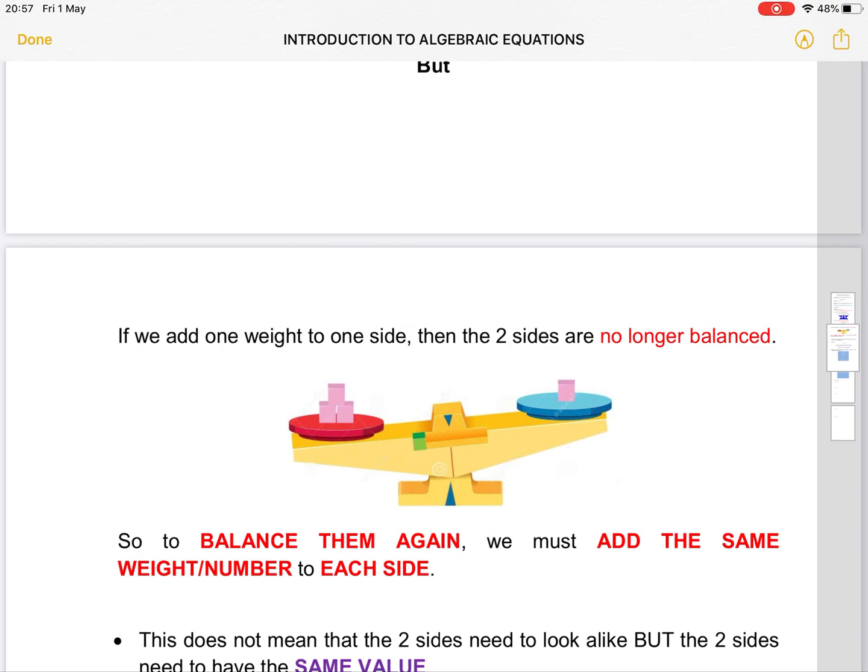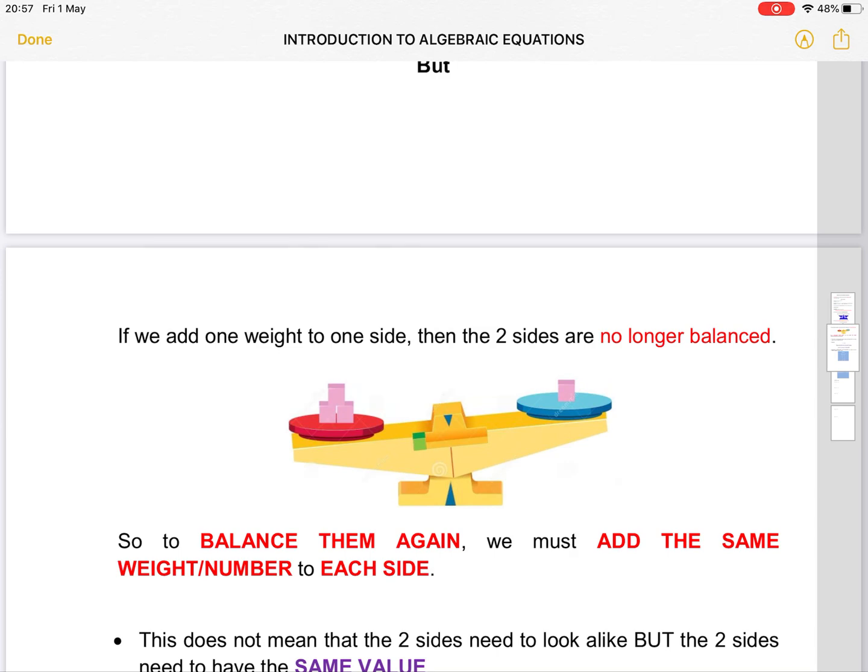So if there's not the same weight on each side, then the sides are no longer balanced. So to balance them again, we must add the same weight or number to each side, okay?